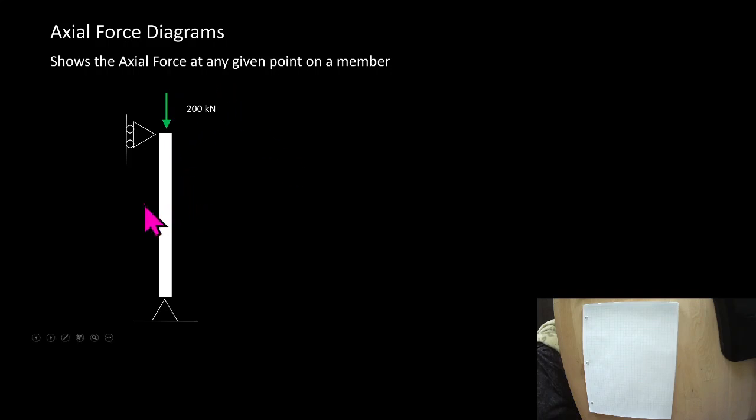So if we made a cut right through here and we went through the process of summing the forces in the y direction, we would find that this member has 20 kilonewtons of compression in it. So we could even do that.